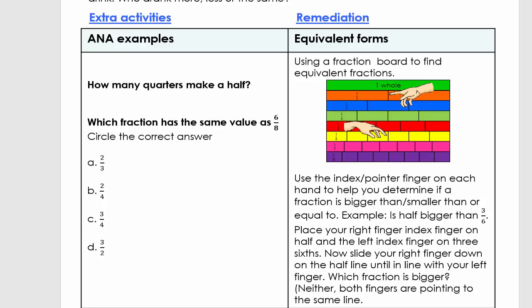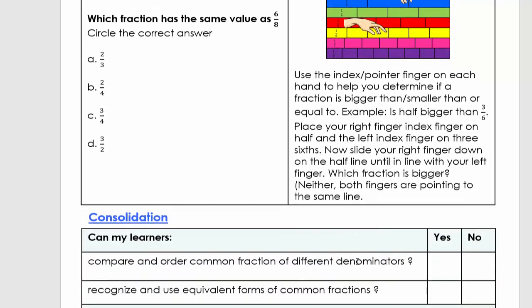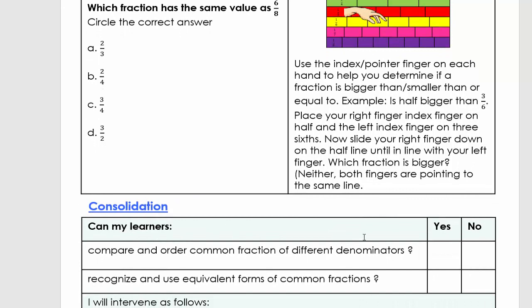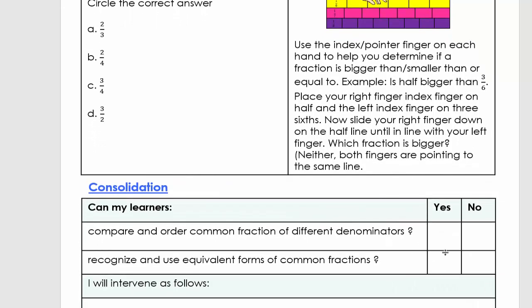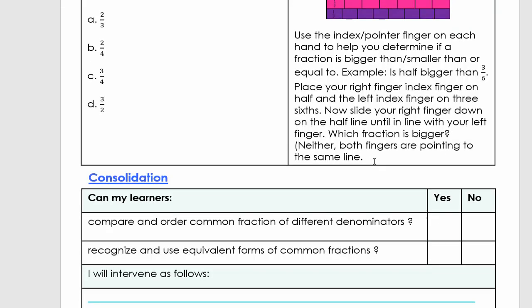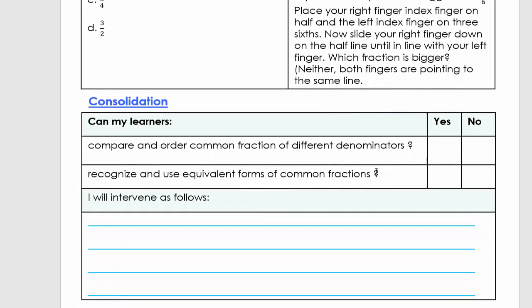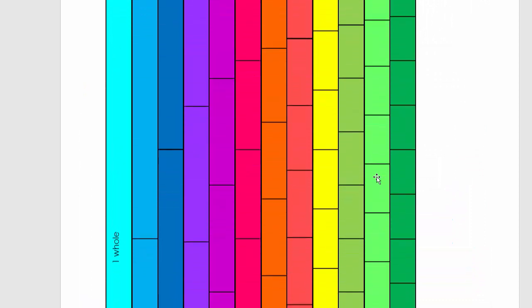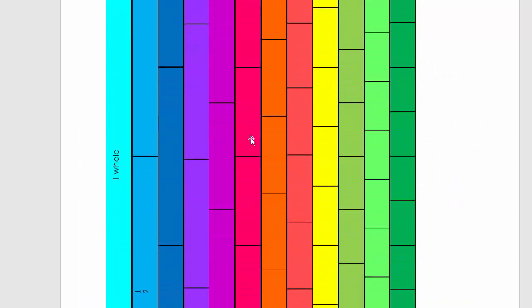Let's then come to the consolidation. With the consolidation, if you clicked yes on both, you carry on with the next lesson. If you got a no, you need to revisit or revise certain concepts, or contact us at SA Teacher. I just quickly want to show you that on the last page of this lesson plan is your fraction wall chart.